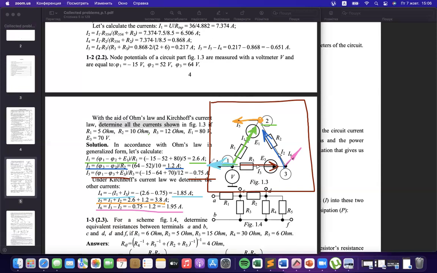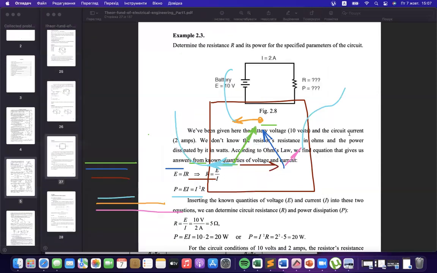You don't need to know what other part of the system you have. You just know that this current that flows to another part of the network equals this value. Just like that.